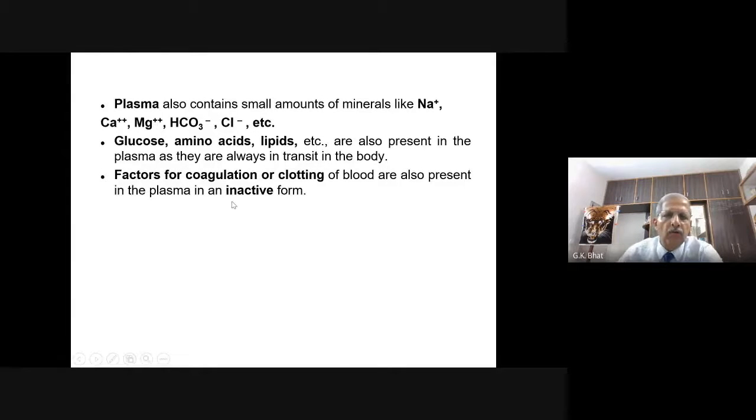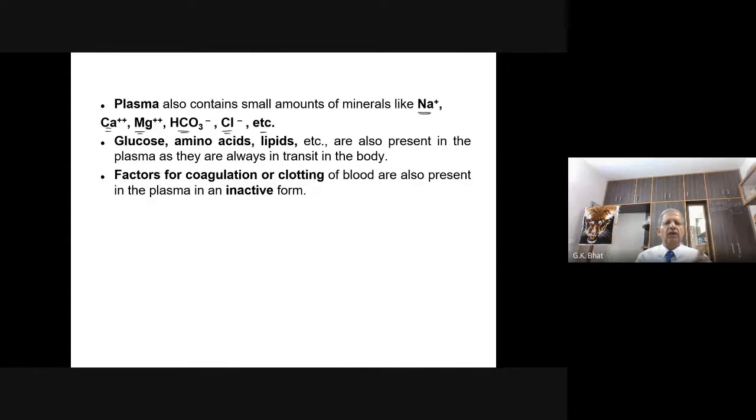Plasma also contains small amounts of minerals like sodium, calcium, magnesium, bicarbonates, and chlorides, etc. You have to remember this. Calcium, magnesium, bicarbonates, sodium, chloride.